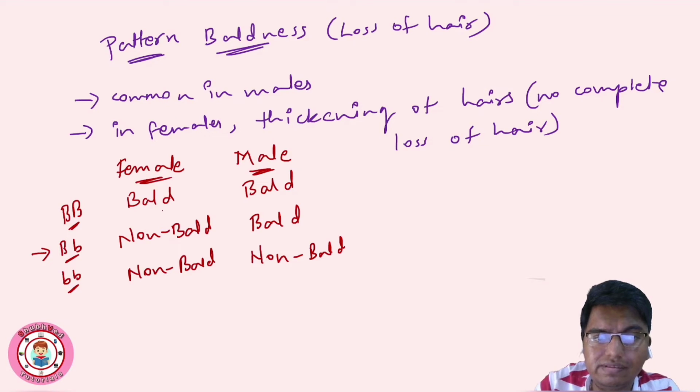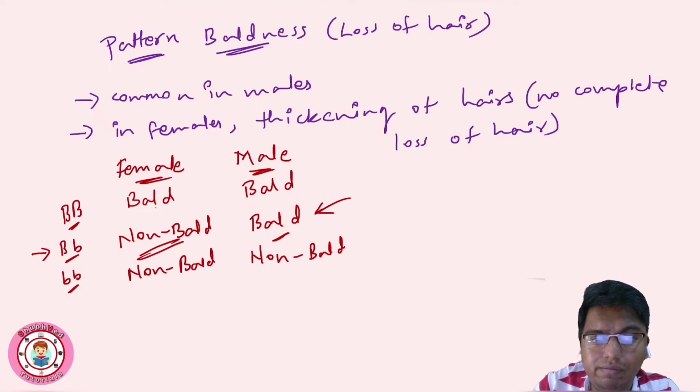So this is basically dependent on genotype, alleles. In the heterozygous condition, females are non-bald and heterozygous males are bald. So here we will see the phenotype in males, and here we will not see it.